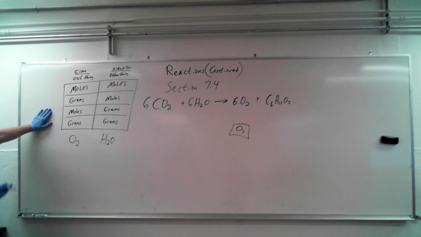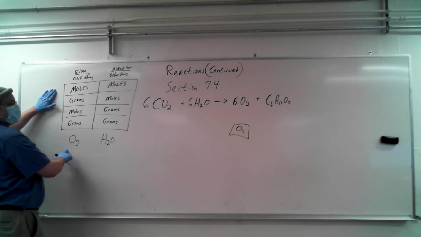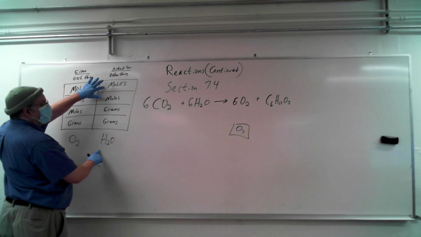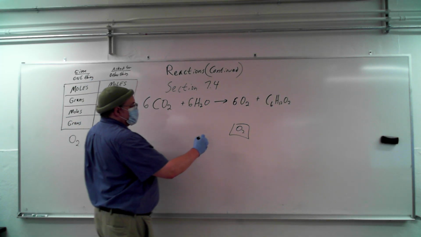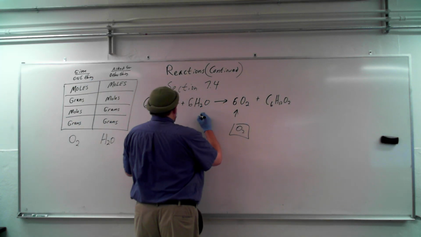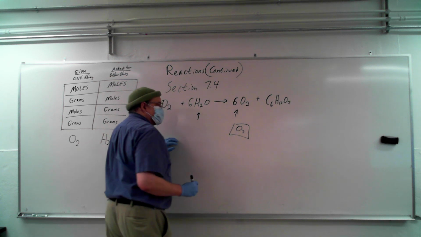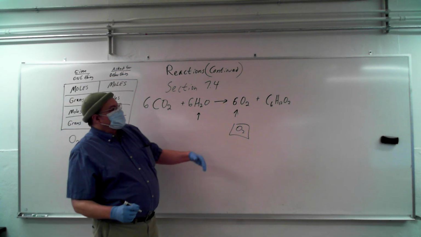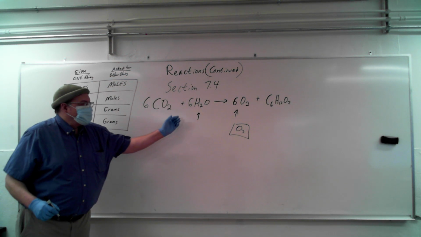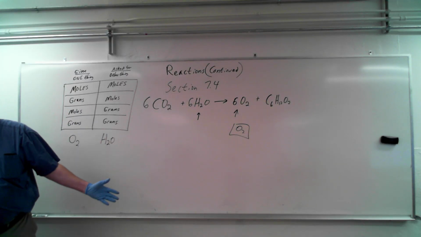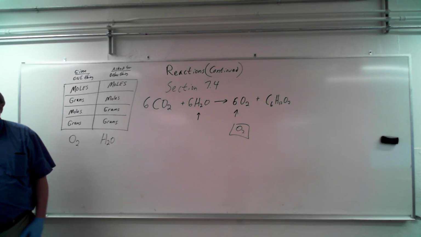This is one question you could get. You could be given moles of O2 and ask for moles of H2O. If you're given this and you're asked for this, the phrasing will be this much O2 is produced, how much H2O was consumed in the process. That would be the phrasing.